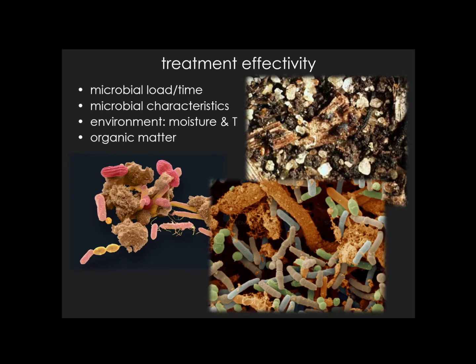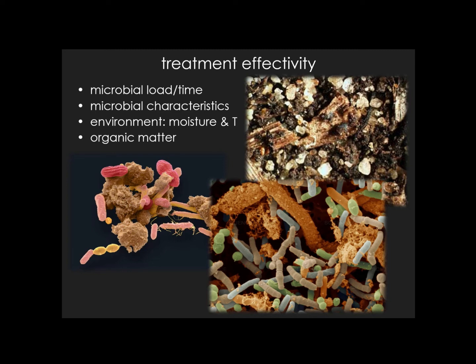Another environmental consideration is the amount of organic matter that the microbes are surrounded by. Similarly to the fact that microbes can protect other microbes by absorbing the heat or the chemical or whatever it is that you're using as a method of control, dirt or fecal material or things like that can also absorb the heat and absorb the chemicals and shield the microbes from the treatment.